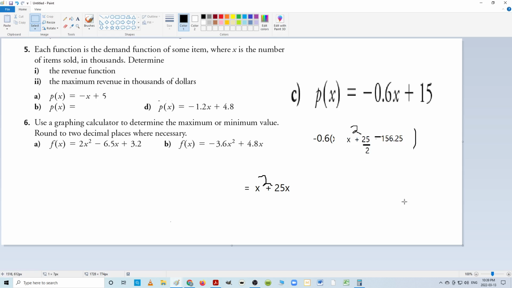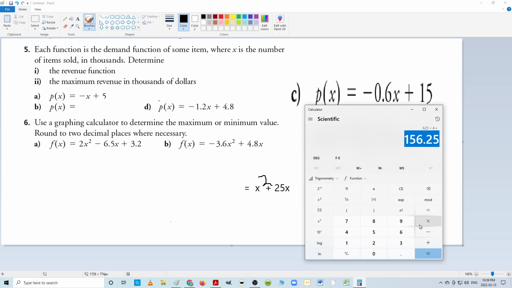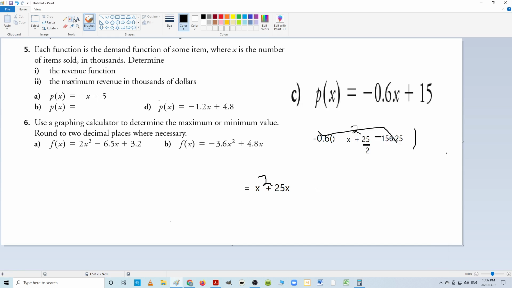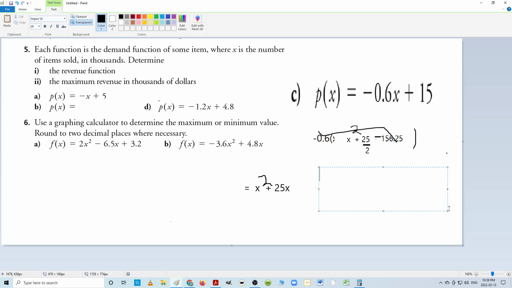There we go. But I have to multiply this negative 156.25 by 0.6 to get it out of the bracket. It's going to become positive 93.75. So this is what I'm left with.